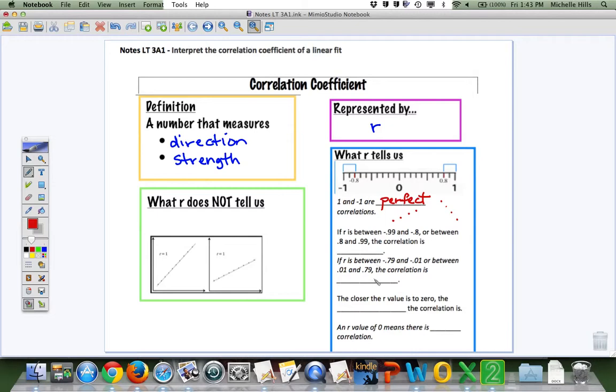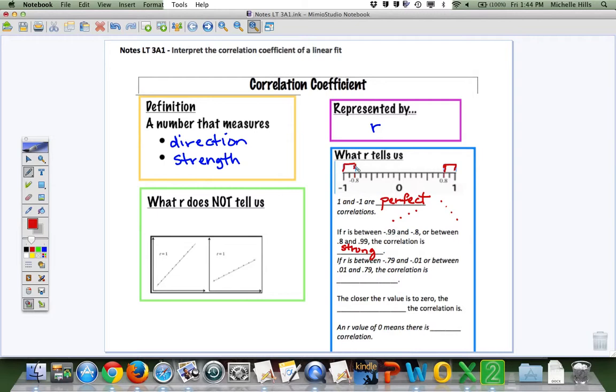Here's where the rest of this gets to be where there's some variation. For this year and for this class, we are going to say from -0.8 to -0.99 and from +0.8 to +0.99, that's where the correlation is strong. Which means the points are not perfectly linear, but they're not as scattered as they can become.